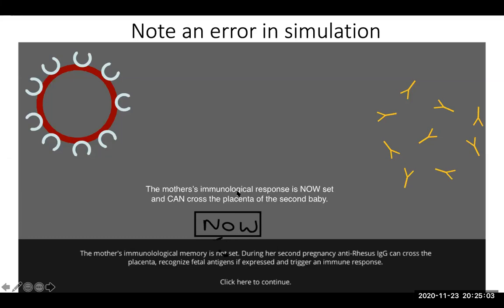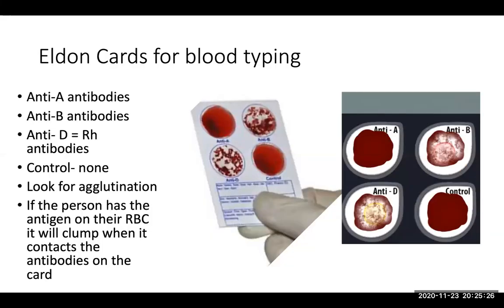The mother's immunological response is now set once she's been exposed to the Rh from the labor of the first child. Now she'll have the antibodies, and they can cross the placenta and attack the second baby if the second baby is Rh positive. So we are almost done.